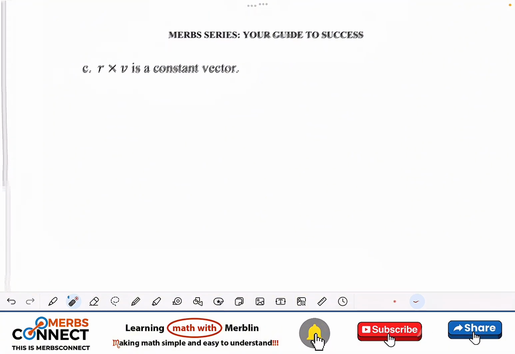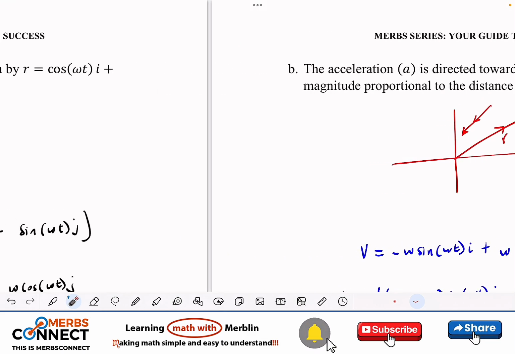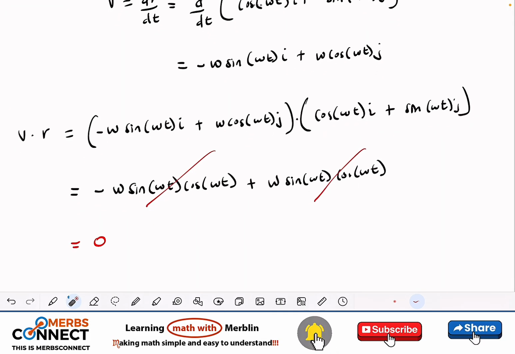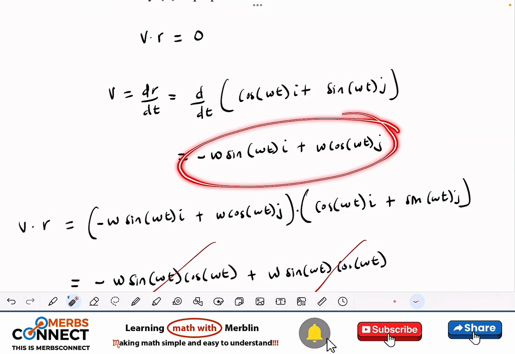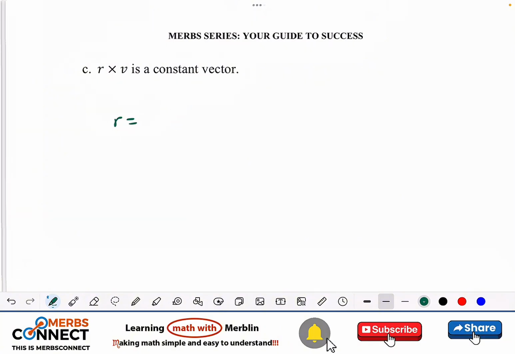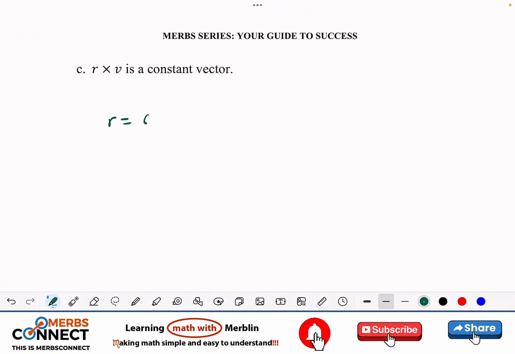The C is we want to find R cross V, right? So what was R? This is R, and then this is V, right? So let me just copy them and write them here. So we know that R is equal to cos omega t i plus sine omega t j.